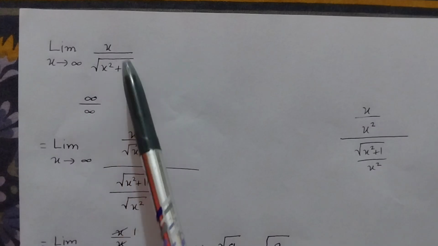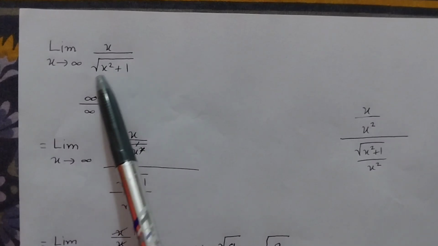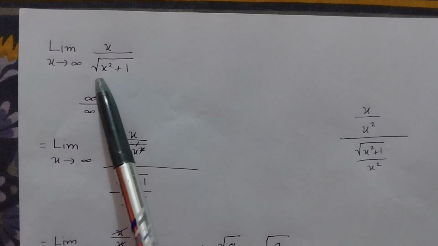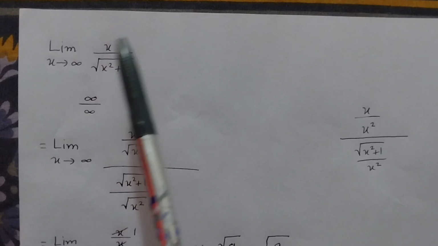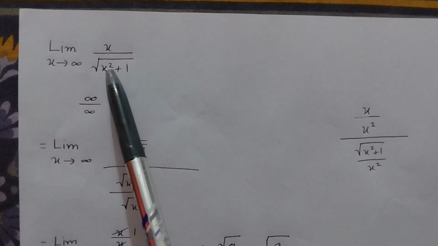So here the highest power of the variable present in this expression is basically x squared. So normally what we would have done is divide this fraction by x squared.